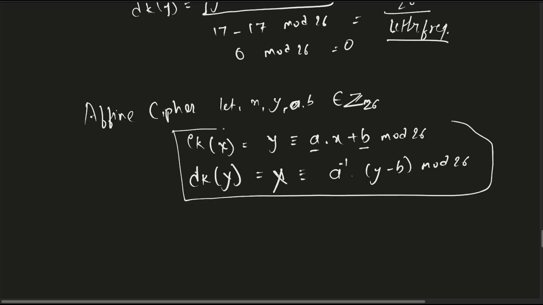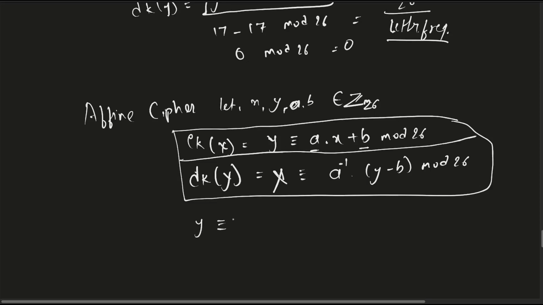I mean, we could use this first encryption formula to basically derive the decryption formula. So for example, here we've got y is equal to a times x plus b mod 26.